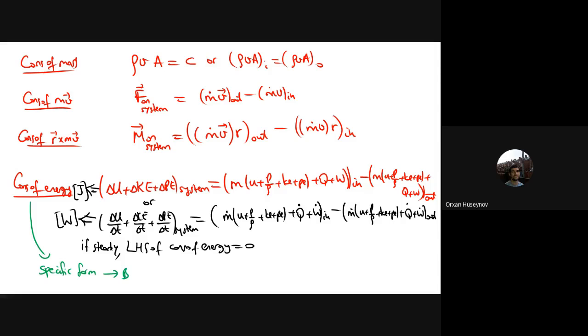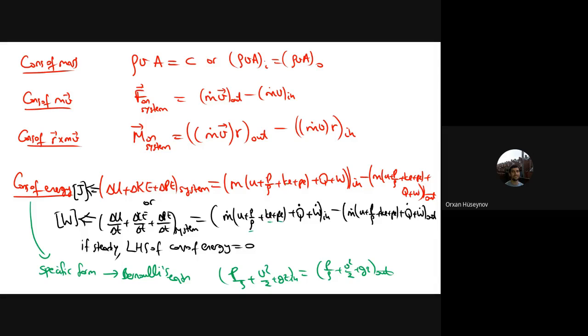It says that P by rho plus V squared by 2 plus GZ at the inlet is the same as P by rho plus V squared by 2 plus GZ at the outlet. So Bernoulli's equation is a special form of it. You can see it says that this term, that term, and this term are constant.